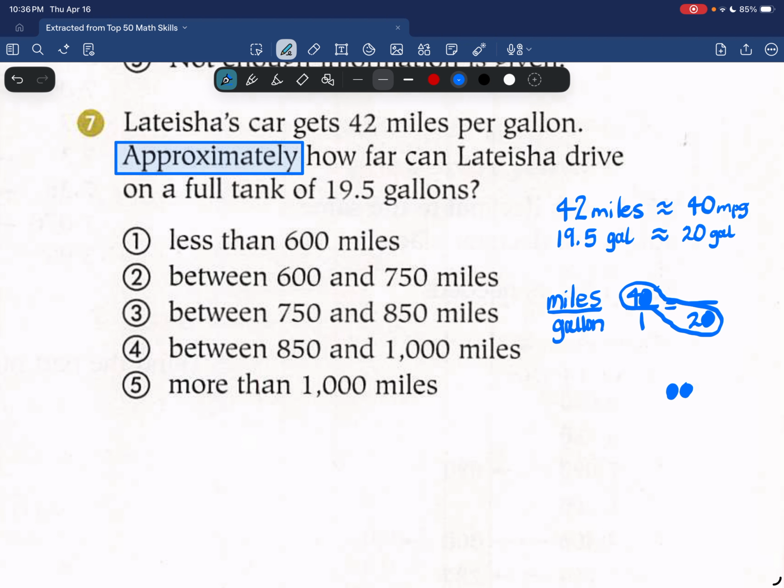And 4 times 2 is 8. 800 divided by 1 is 800. So I'm going to guess between 750 and 850. My estimate's pretty tight because I didn't do any crazy rounding. It was already pretty close. So she can go about 800 miles on those 20 gallons.